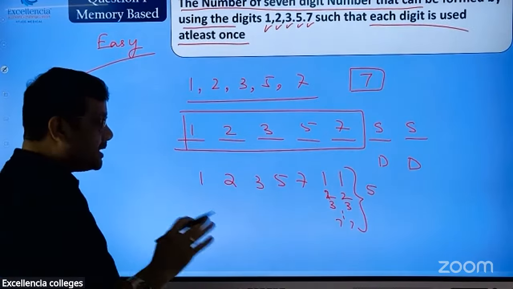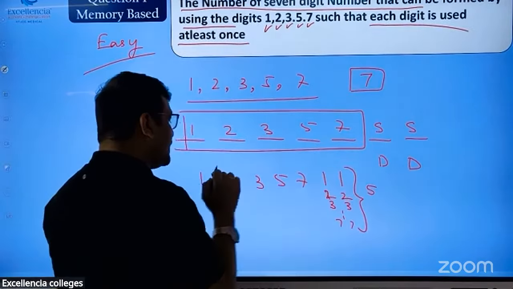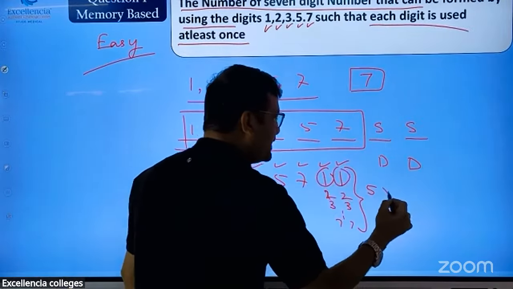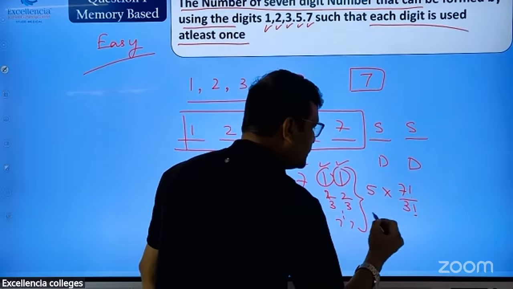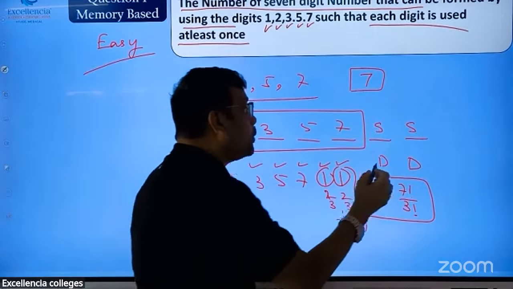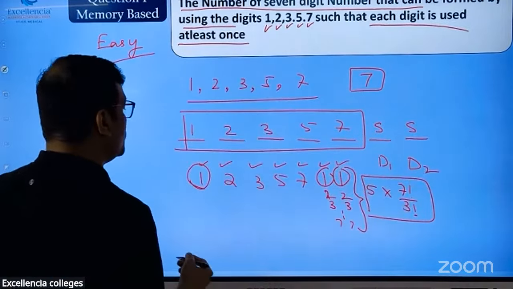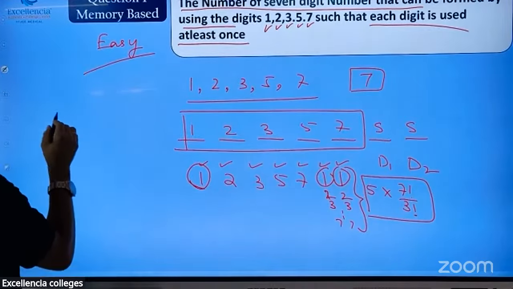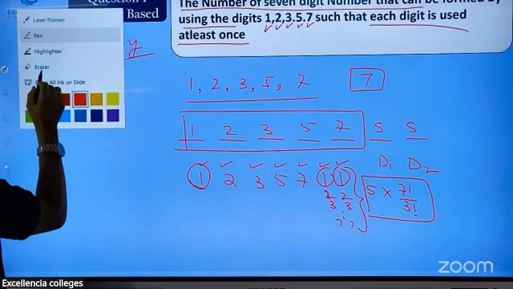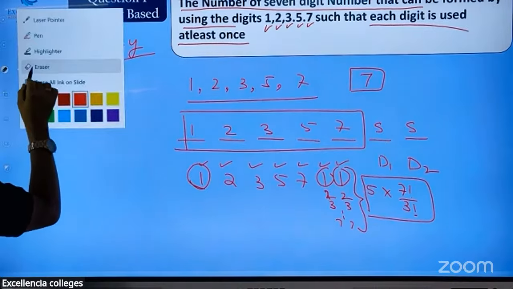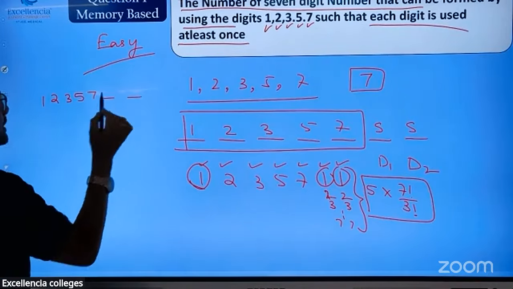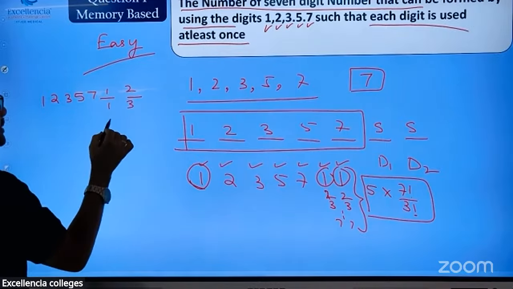This is 5. Now, how many ways? Each combination fills 7 places, and one number will be repeated twice. This is case one, where both are the same. Now, both are different: we have 1, 2, 3, 5, 7, and the two extra ones may be 1 and 3, maybe 1 and 5.